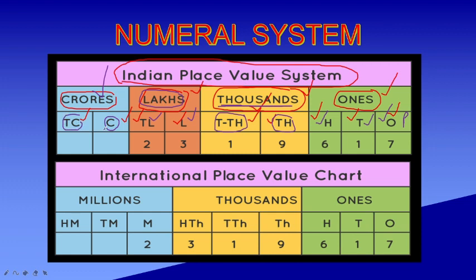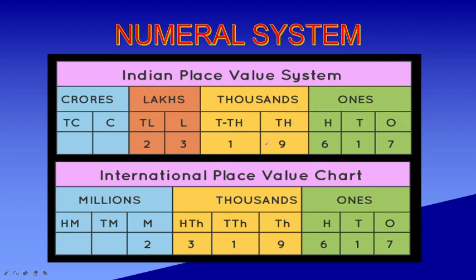Okay, so now we have to memorize. We have to find first the ones period, thousand period, lakh period, and crore period. The ones period is divided into three places: ones, 10, and 100. Okay, ones, 10, and 100.